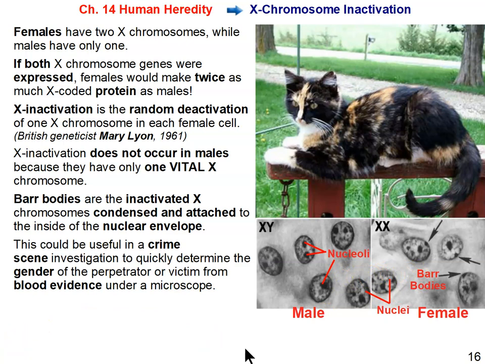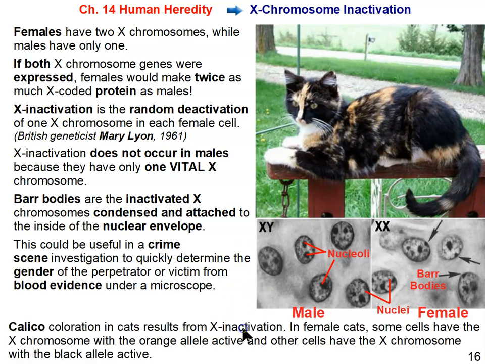Okay, by now you might be wondering why we're looking at a picture of a cat. Well, that's a calico cat. And calico cats, you may have heard, true calico cats, are only female. Only females can be true calico cats. Because in female cats, some of the cells have the X chromosome with the orange allele, and other cells have the X chromosome with the black allele.